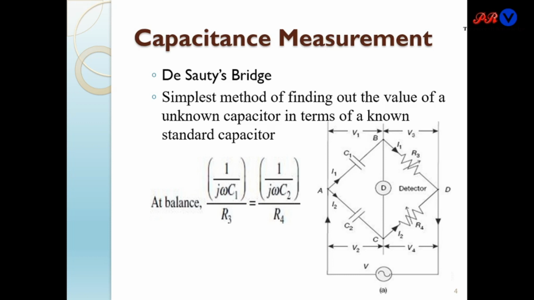Then we can calculate C1. If C1 is known, then we can calculate C2. So this is the simplest bridge for capacitance measurement, but this bridge is only used for capacitors which have low losses.